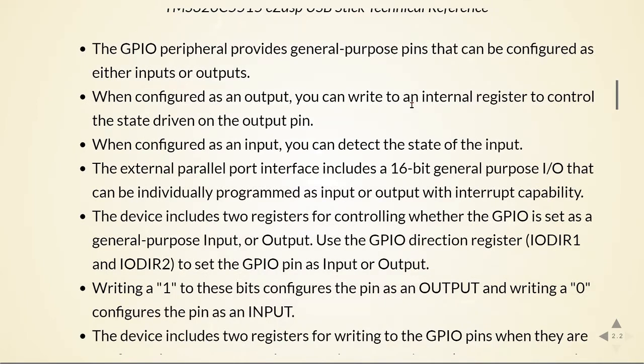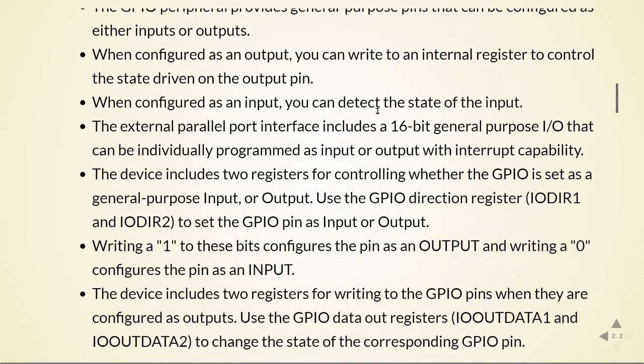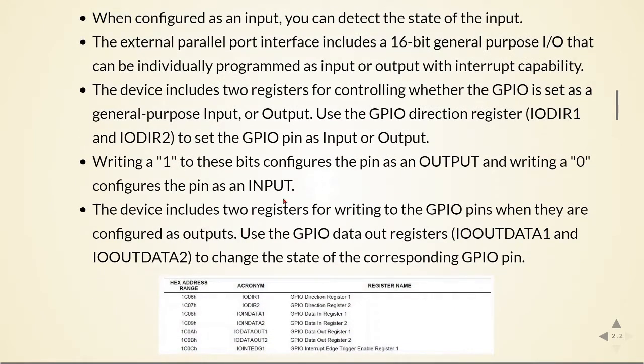So there are 16 general purpose IOs that can be individually programmed as input or output with some interrupt capability. This device uses 2 registers for controlling whether the GPIO is set as a general purpose input or output. So there are the GPIO direction registers, IO-DIR1 and IO-DIR2. Writing 1 to those bits configures the pin as an output, and writing 0 configures the pin as an input.